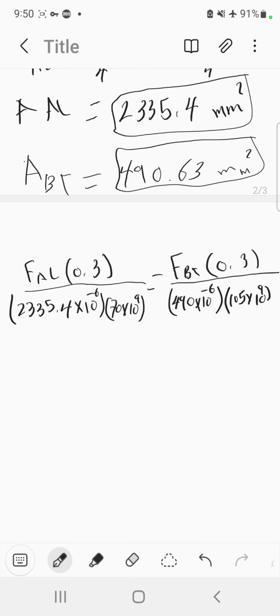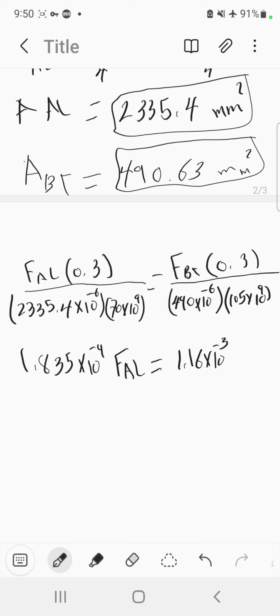So after a little bit of calculation, we get 1.835 times 10 to the power minus 9 FAL equal to 1.16 times 10 to the power minus 3 minus 5.82 times 10 to the power minus 9 times FAL.